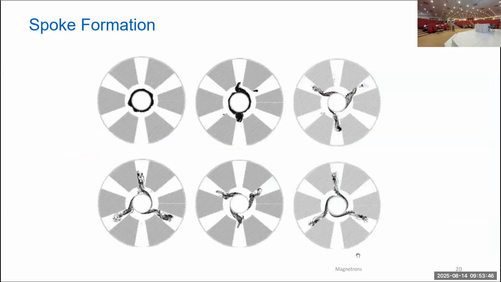Now these electrons are not independently revolving as here. When the spoke is formed, these electrons are bunched, and bunched electrons produce more RF field and efficiency is increased. But they are entering into the cavity and changing its resonance frequency.